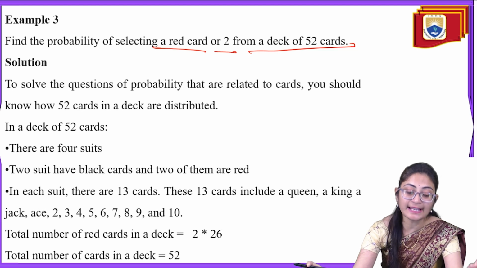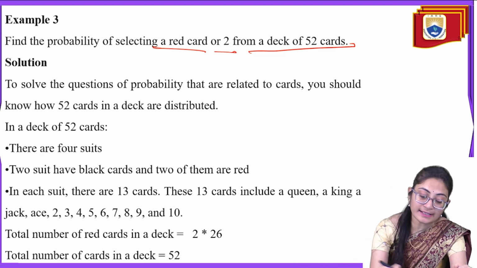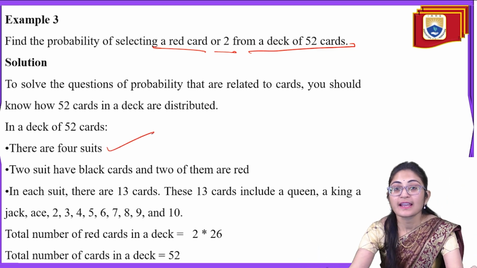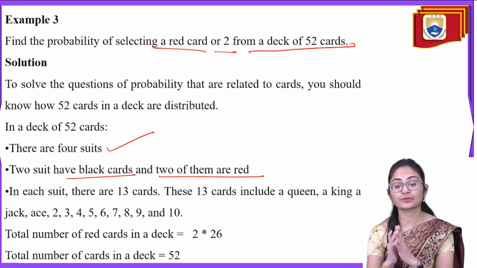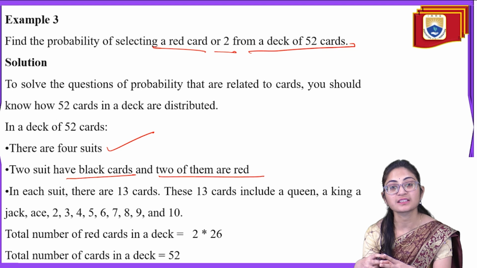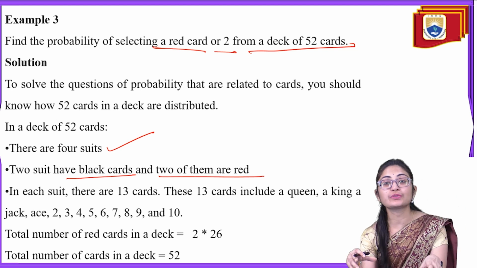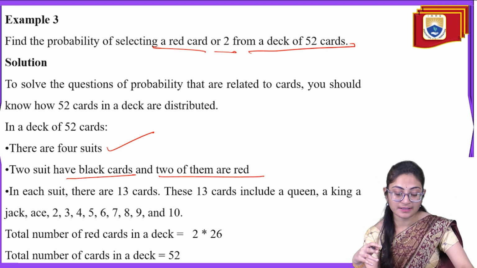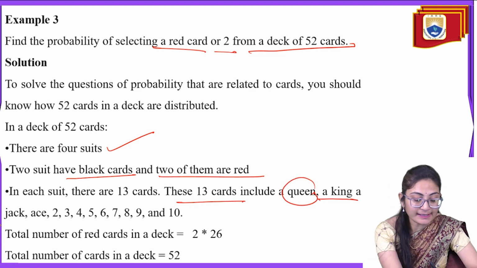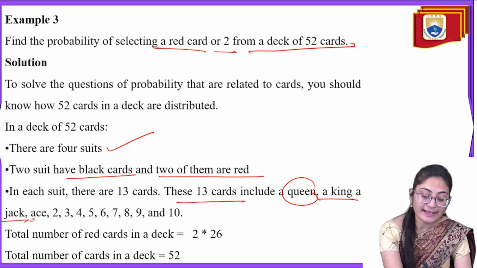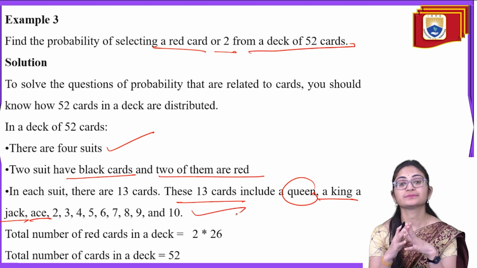In a deck of 52 cards, there are 4 suits. 2 suits have black cards and 2 suits have red cards. In each suit, there are 13 cards, which include a queen, king, jack, ace and the numbered cards.